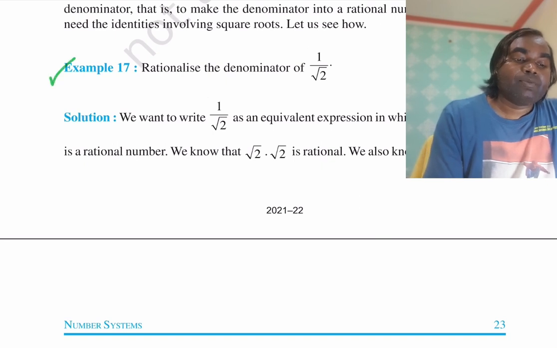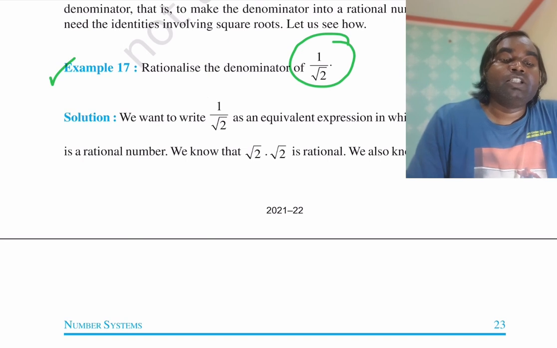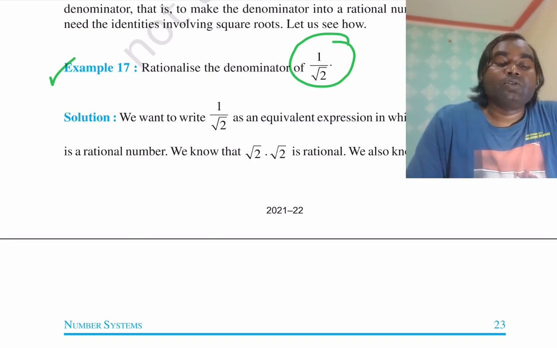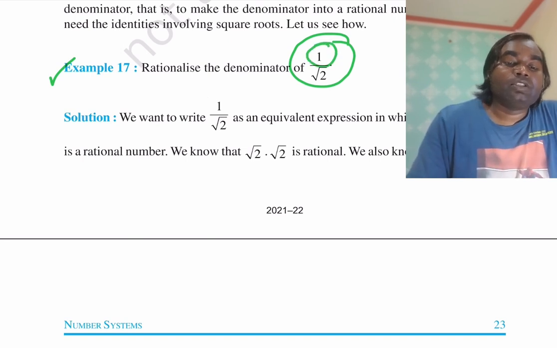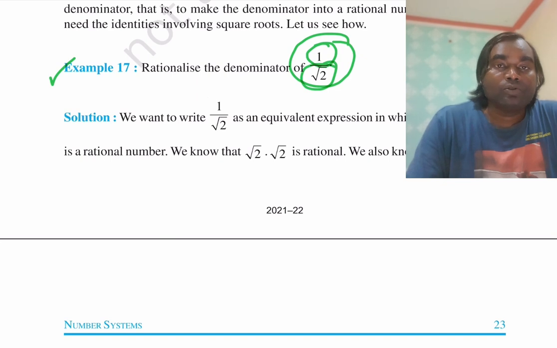So example number 17. It is asking to rationalize the denominator of 1 by square root 2. So the numerator is 1 and the denominator is square root 2. It is asked to rationalize, that means simplify. So what will you do? Multiply both numerator and denominator by square root 2.